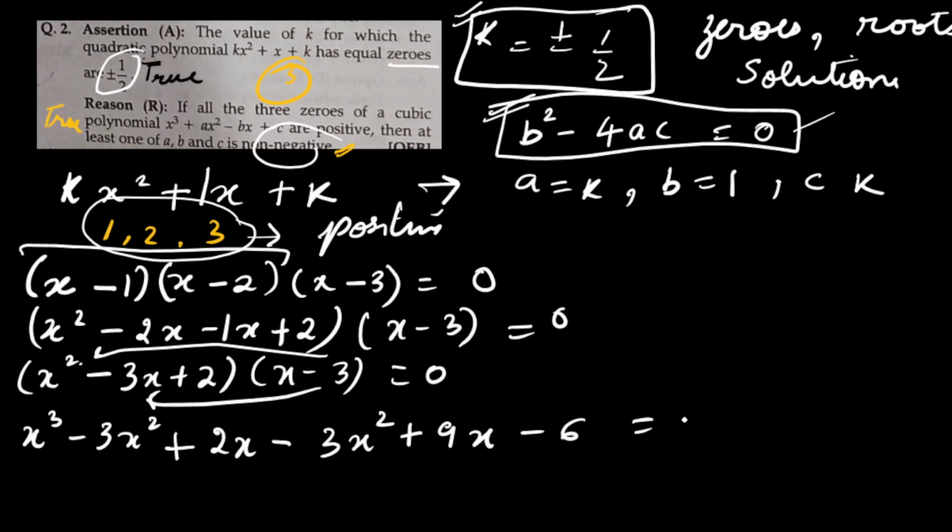Okay, minus into minus plus 9x minus 6. I think here we made a mistake while multiplying with 3. So minus 3x square plus 9x minus 6. So like terms we can simplify.